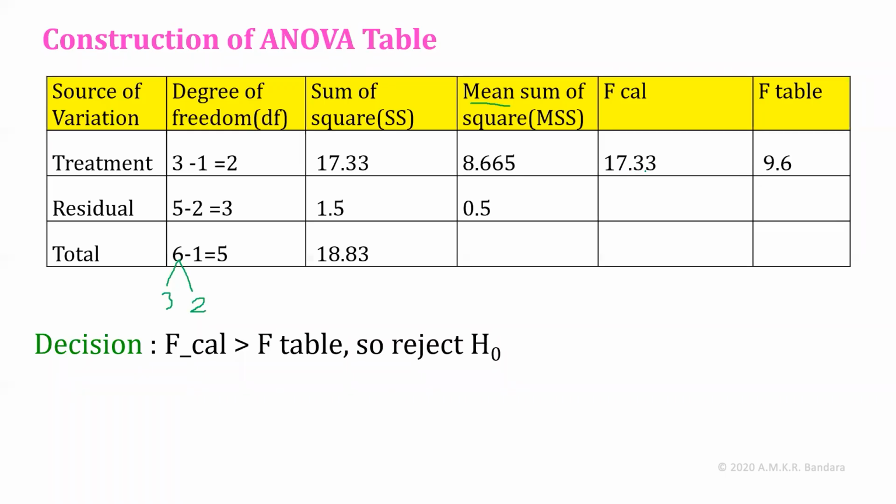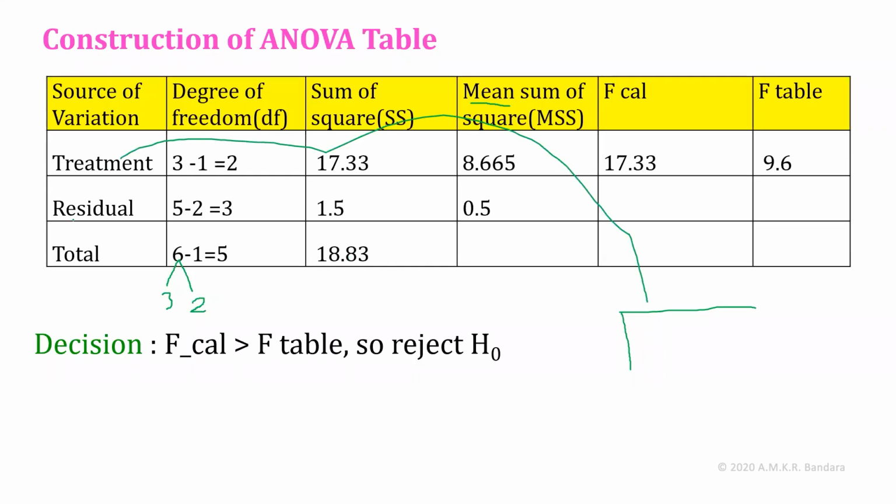And now you need to find the F table value. When you are finding the F table value, refer to the table of alpha equal to 0.05. In the column you have to find the degree of freedom related to treatment.